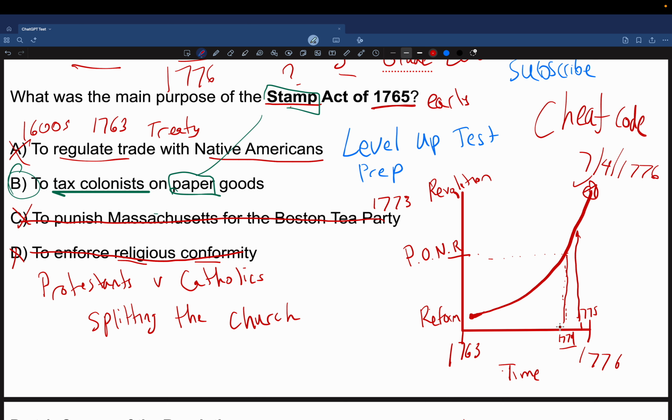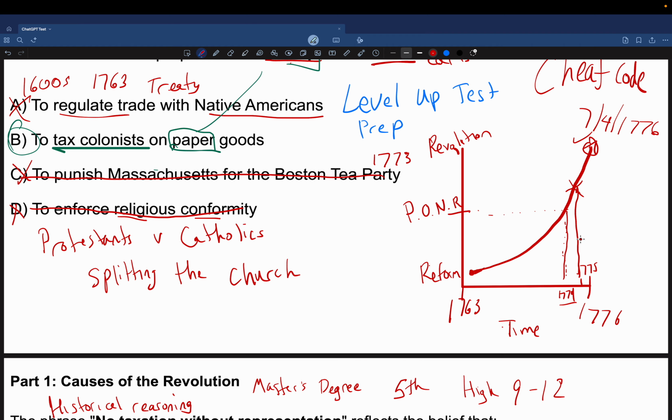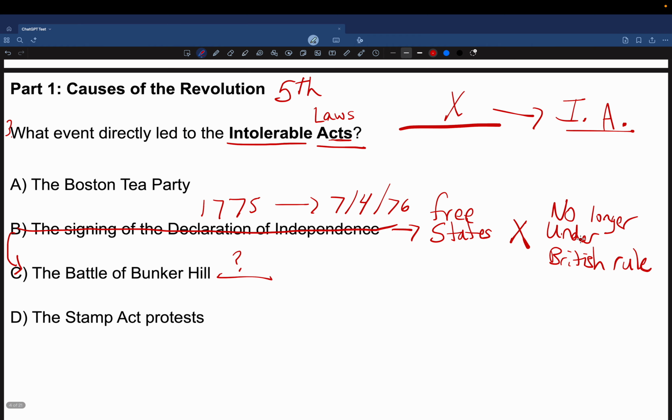But historians and a basic timeline could read that 1774 was really a boiling point, or the point of no return, as I have it labeled here. And by 1775, the first battle took place, the Battle of Lexington and Concord. So I don't know why Britain would keep passing laws when they're in a state of war. So I'm going to rule that out as well.